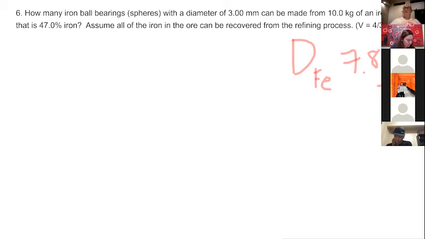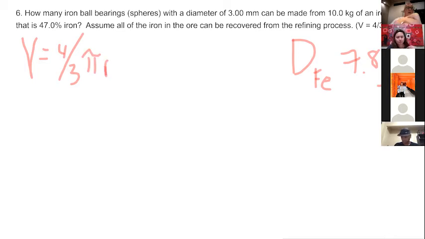So again, this time we have the volume not of a cylinder, but of a sphere. So now our volume is 4/3 pi radius cubed. That gives you a volume.